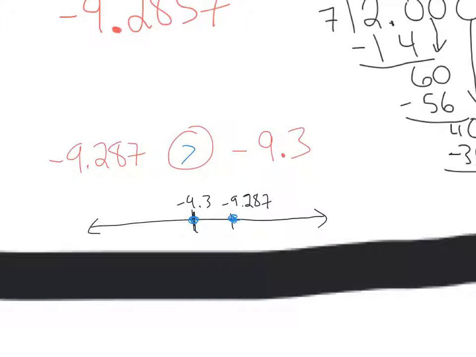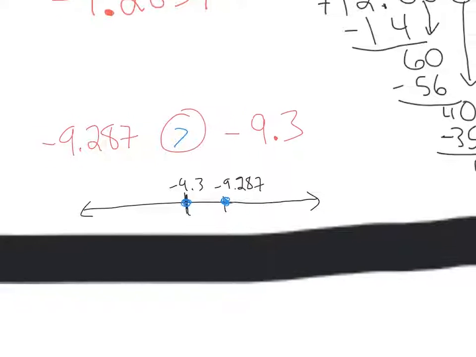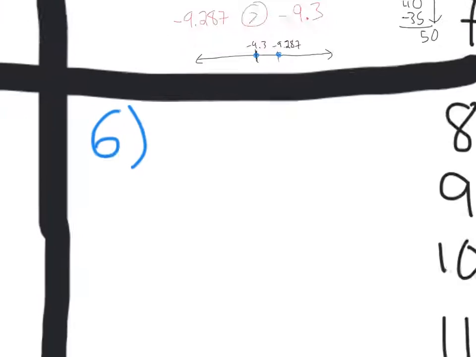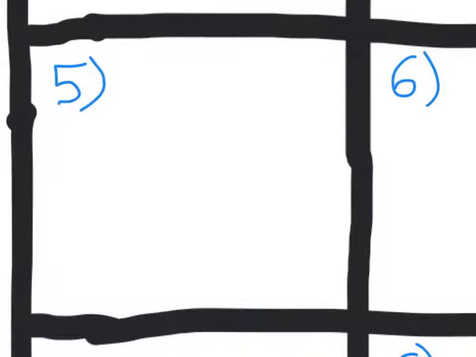Okay, let's look at one more example. Number 5. Number 5, order each set of numbers from least to greatest. Okay, here we go. And this is kind of what we were building up to.